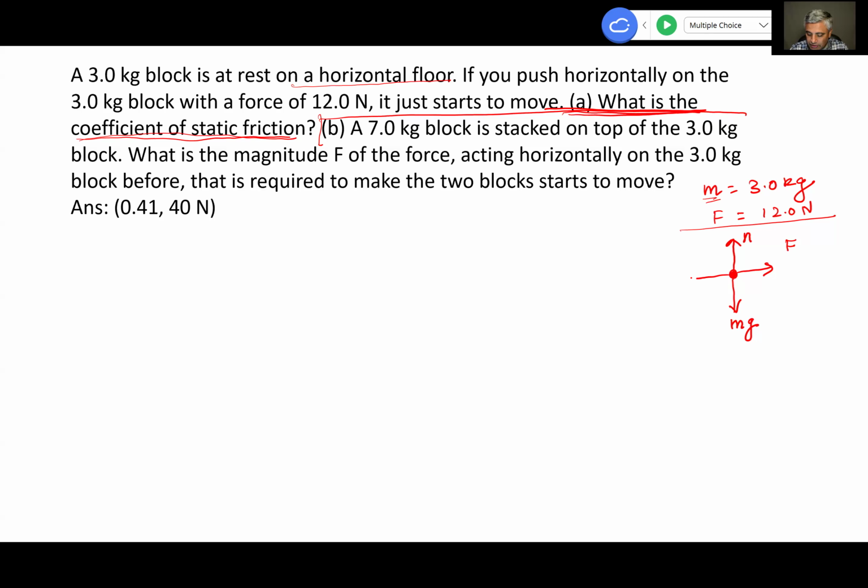So the friction force acts in the opposite direction of motion, or if already not moving, opposite to the direction it is trying to move. So if you are trying to push it to the right, then friction force must be opposing it to the left. Since it says it just starts to move, it is the static friction force, and it's the maximum value at that situation, okay?